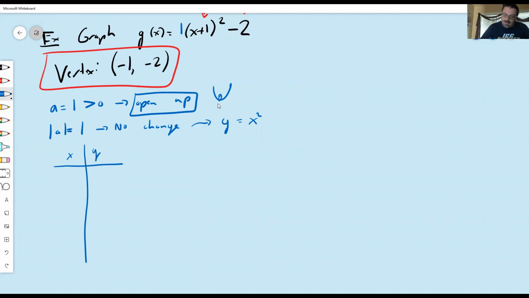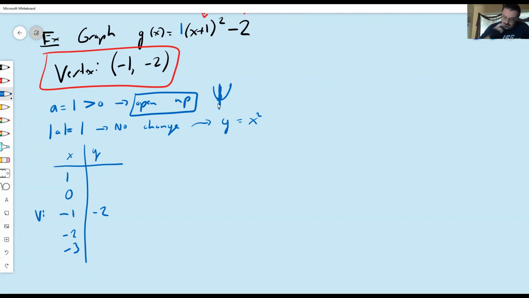So I'm always going to put my picture at the bottom or the middle, right? So this is the middle of the picture. So my table, I'm going to put minus 1, minus 2. That's my vertex. Now I'm going to choose points on either side. I'm not going to go crazy, so things like 0, plus 1, minus 2, minus 3. I'll avoid using fractions as much as possible if I can. And that doesn't come up too much in an algebra class at our level.